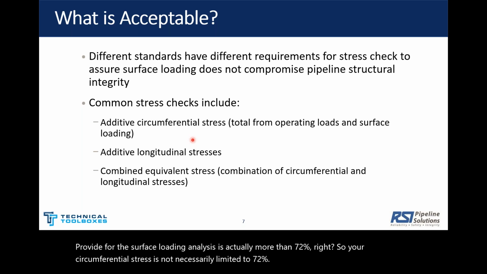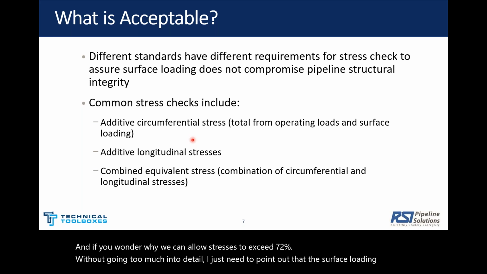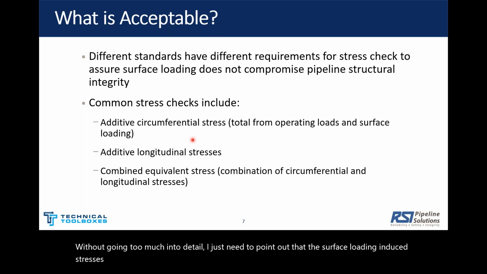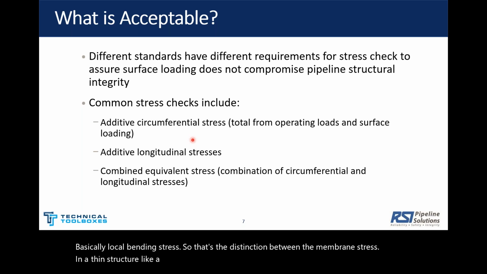And if you wonder why we can allow stresses to exceed 72%, without going too much into detail, I just need to point out that the surface loading induced stresses are basically local bending stress. So that's the distinction between the membrane stress in a thin structure like a pipe versus through thickness bending.